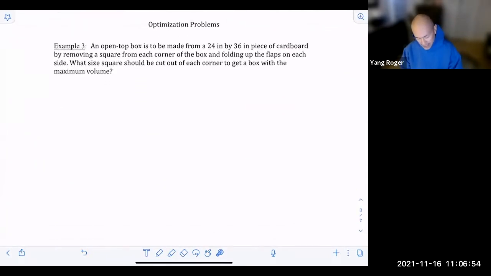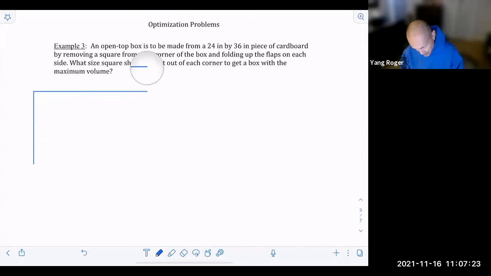So they tell us that an open top box is to be made from a 24-inch by 36-inch piece of cardboard. And you're removing a square from each corner of the box and folding up the flaps on each side. So let's draw a rectangle. I just realized my rectangle does not need to be this big.